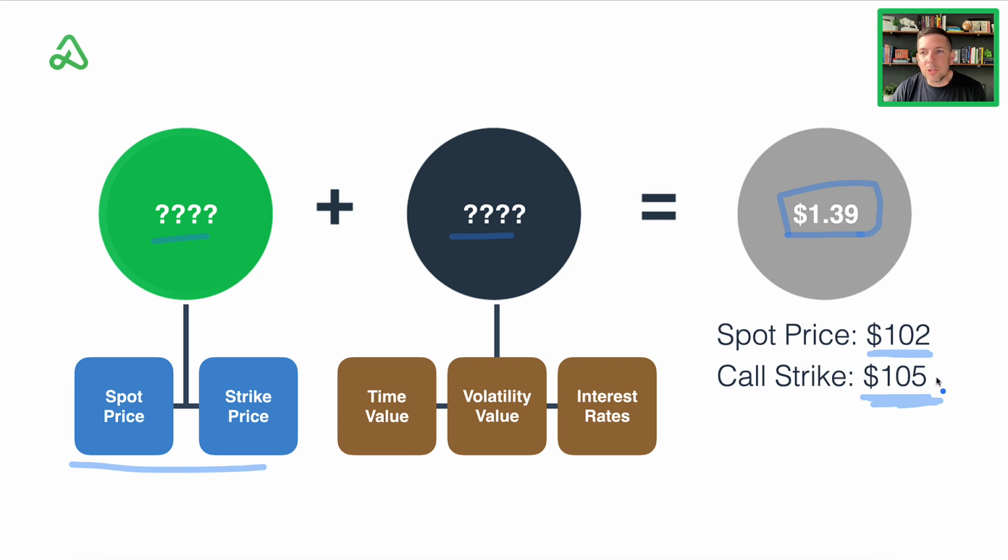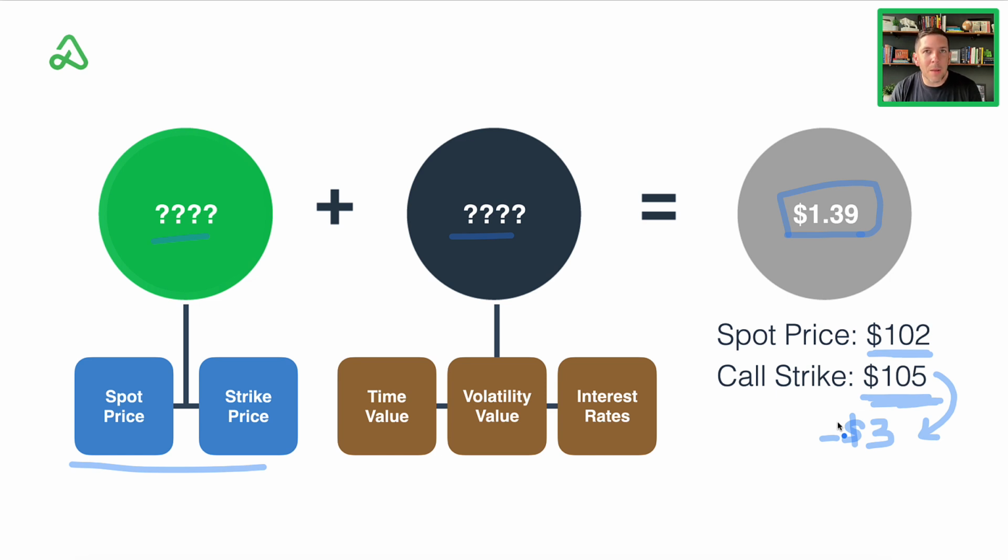But if we were to buy stock at $105, and then we were to immediately sell the stock for $102, we would net a negative $3 profit. Therefore, it is out of the money. This contract is out of the money. The call option is above, the call strike is above the market price or the spot price, which means it's out of the money, which means it would be financially detrimental to us to do this.